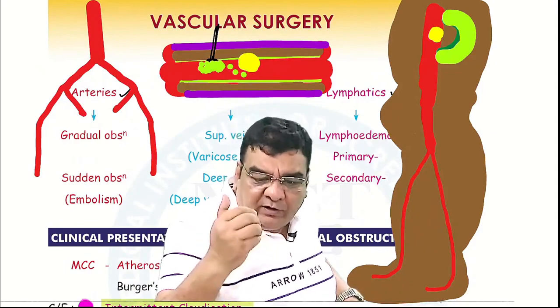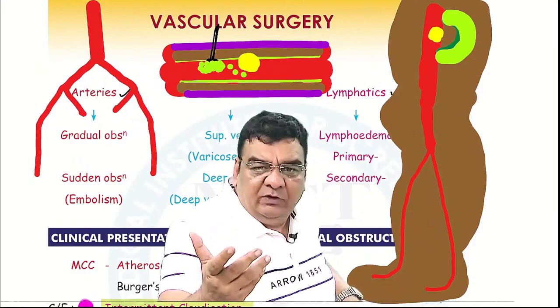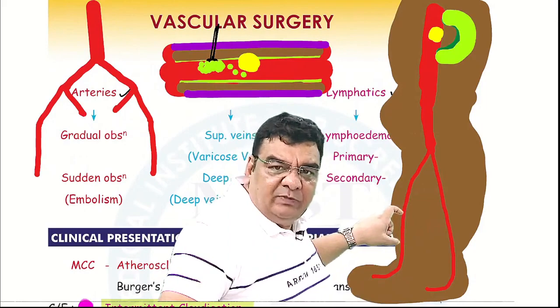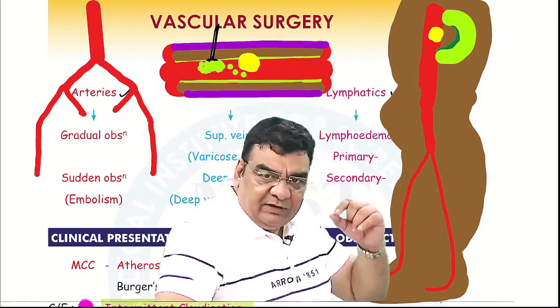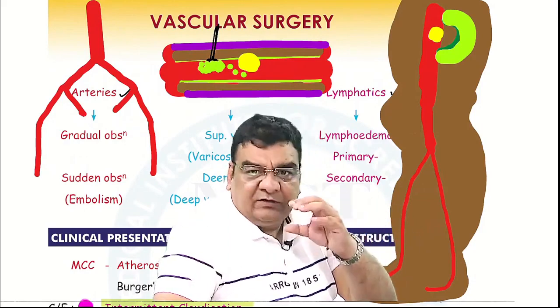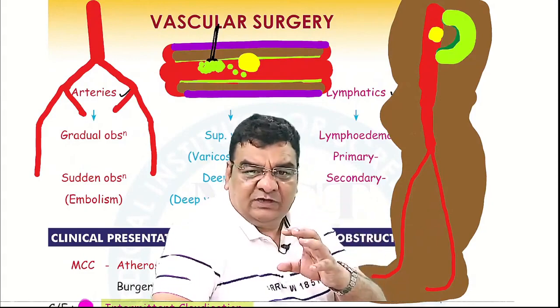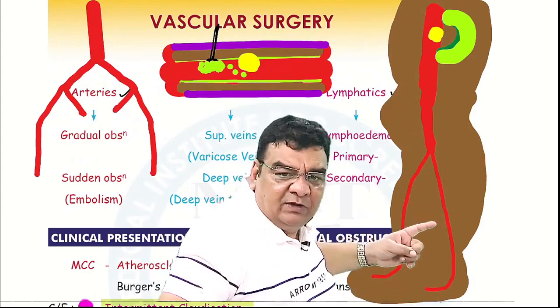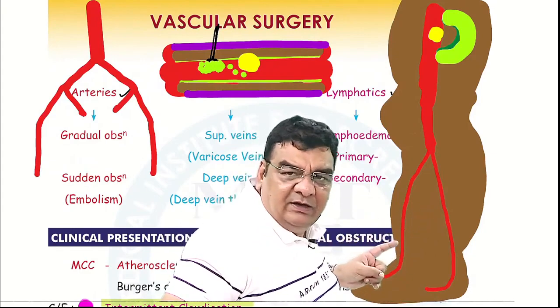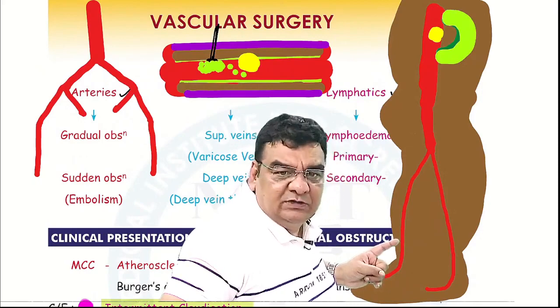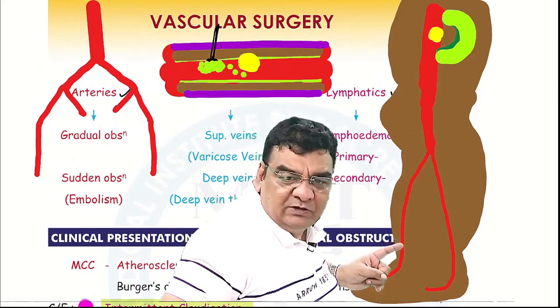We try to give them some medicines, not very useful. We try to do angioplasty, but for angioplasty we have to pass a balloon catheter. We first inflate the balloon at the site of stenosis, and then put a stent. But if we are talking about a small vessel, the catheter will not go easily to the site of stenosis. So angioplasty may not be possible.